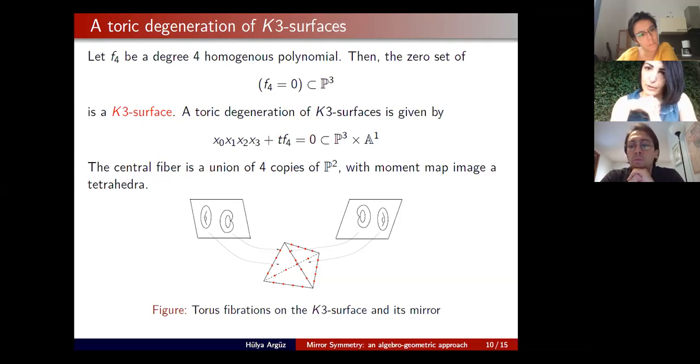On the A model side, this product is on the symplectic cohomology ring, or in general in the Fukaya category, where you look at Lagrangians and the product is counting holomorphic disks bounded by these Lagrangians. And on the B model side, these holomorphic disks are expected to have algebra-geometric analogs by these things which we call log-Gromov-Witten invariants.